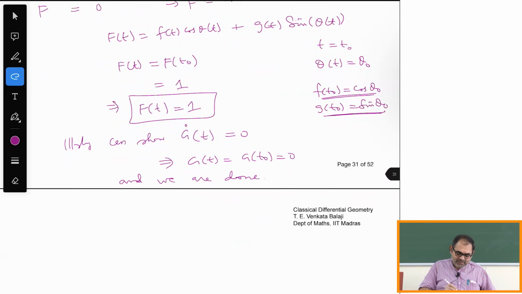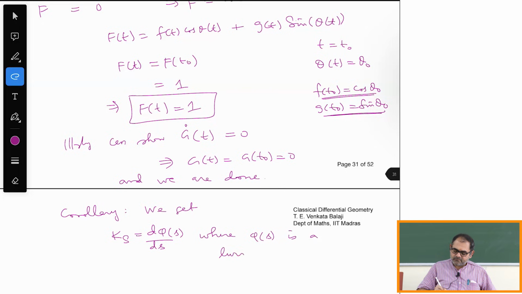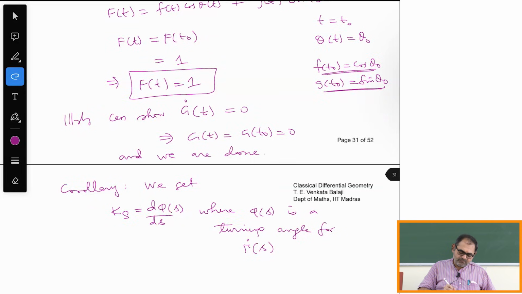Let me just write the corollary. We get k_s is d phi by ds, where phi of s is a turning angle for gamma dot s, number 1.